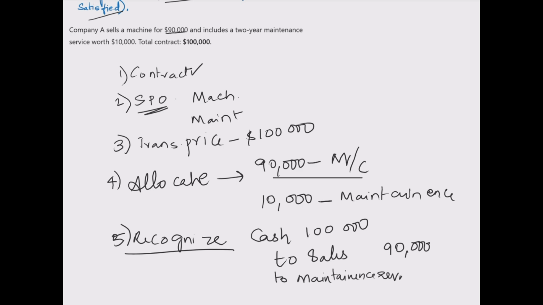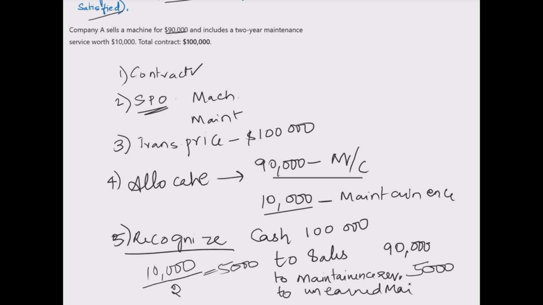Now this was for a 2-year period, correct? Now 10,000 is supposed to be recognized equally over 2 years. 10 by 2 is 5,000. 5,000 is what I am going to recognize this year, and the rest of the 5,000 is my unearned maintenance revenue.